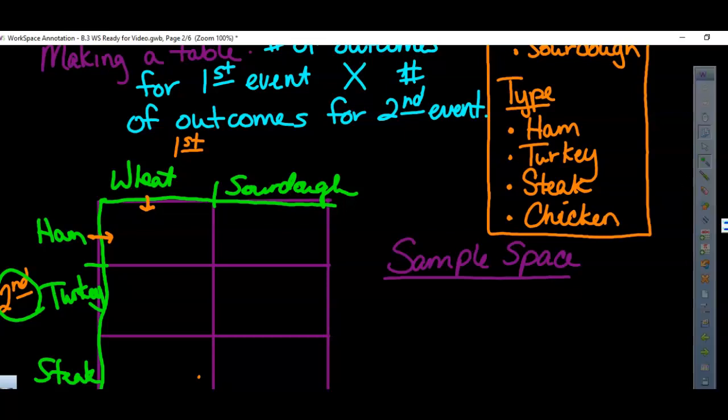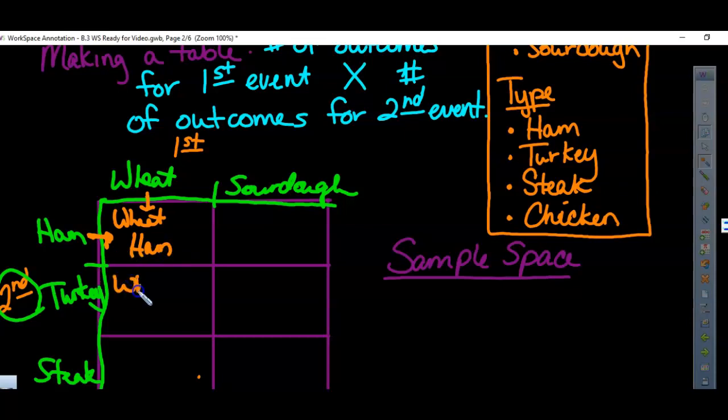All right. So again, we're taking the one option from the first event and the one option from the second event and combining them, in this case, into one type of sandwich. So our first type of sandwich would be having a wheat bread ham sandwich. Okay.